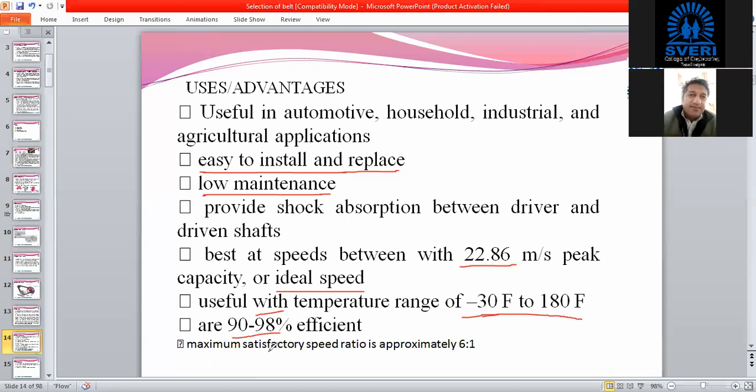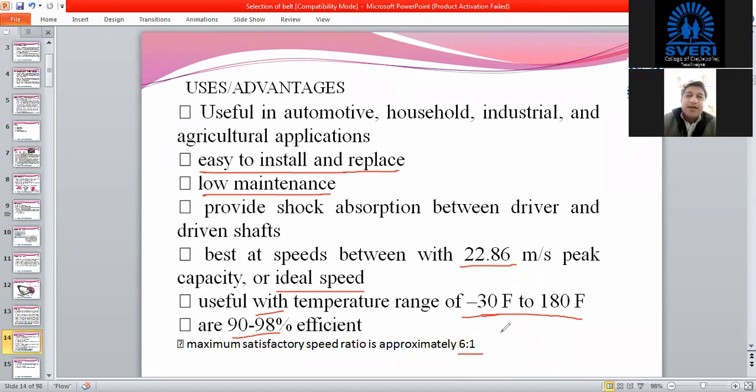And the maximum satisfactory speed ratio is 6:1. That is, if the driving pulley is rotating with 6 RPM, we can rotate the driven pulley with 1 RPM. That's 6:1. Okay.